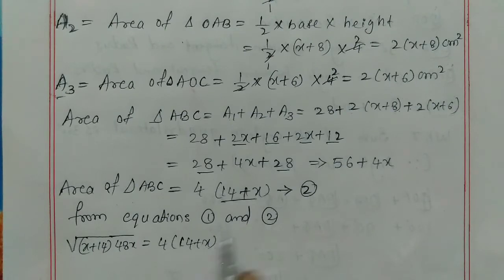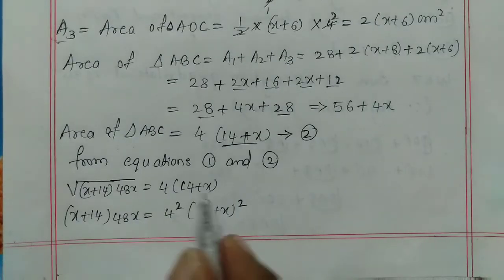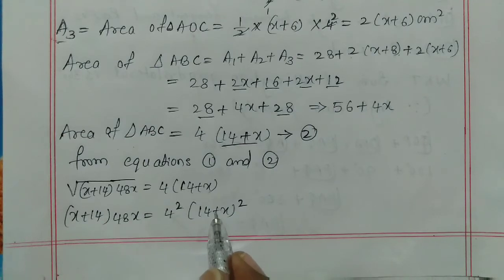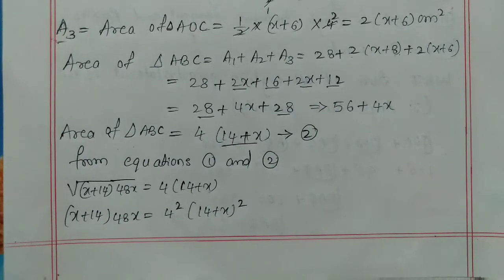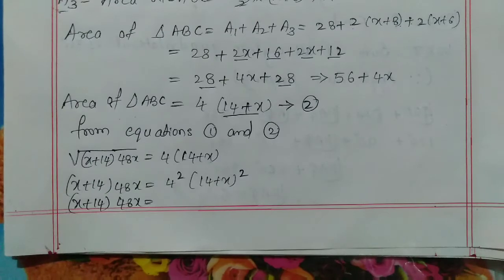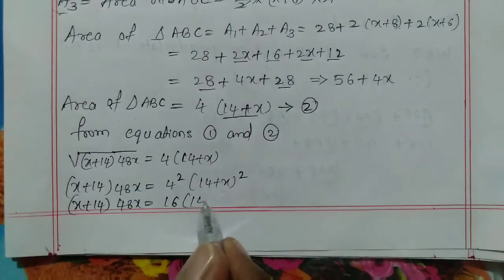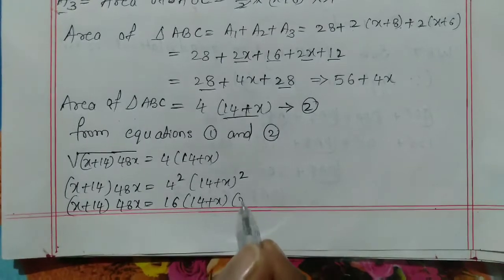Okay, and the second equation is 4 into 14 plus x. Next I will bring this square root to this side, then this becomes a square. So this square root becomes a square, that is 4 square into 14 plus x whole square. Okay, I will write this one as it is. 4 square is 16 and 14 plus x I will write 2 times.